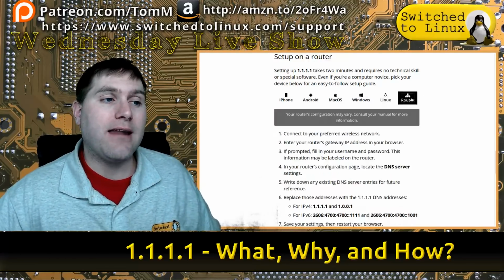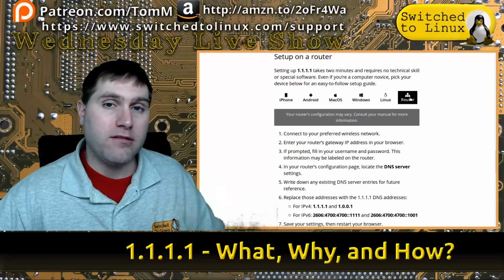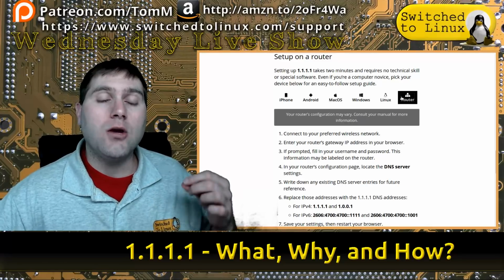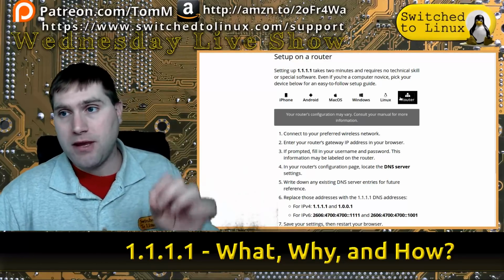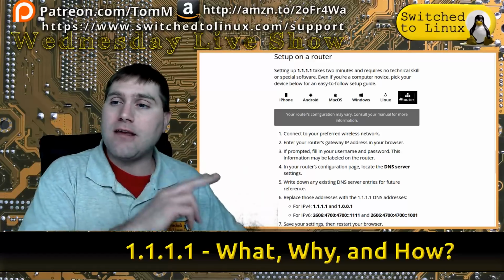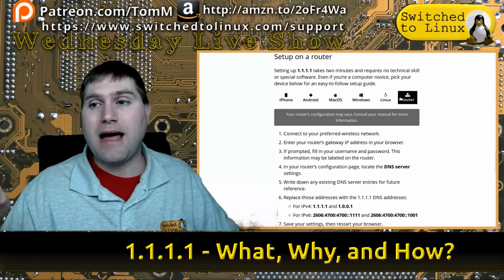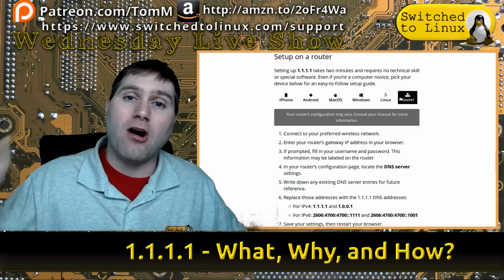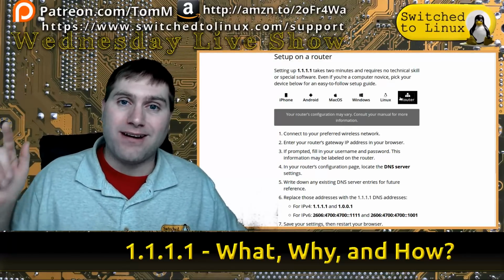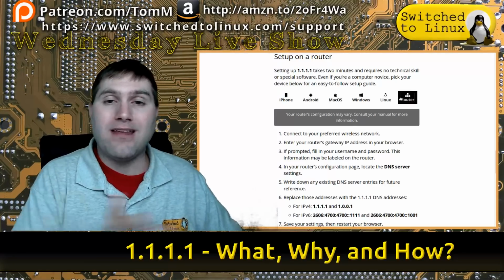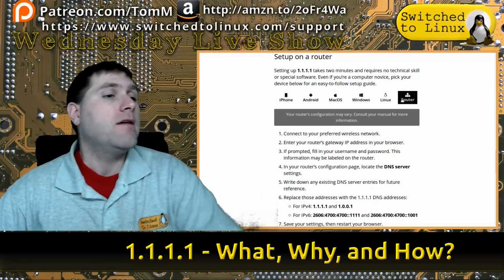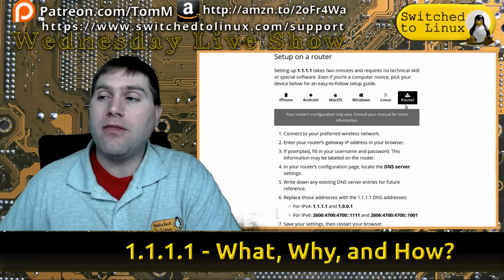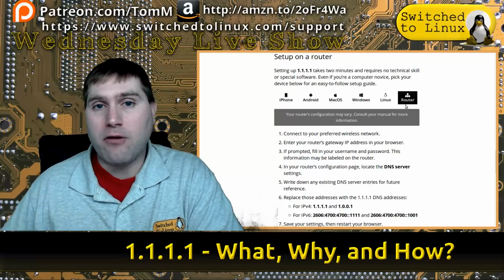You need to do that either on the router level, or if you're using the Pi-hole or the NoTrack, you want to set those up to be your primary DNS, because you set your router up to look at your Pi-hole. So wherever your blocking scripts are, that's what you want to resolve at 1.1.1.1. Definitely nothing downstream.